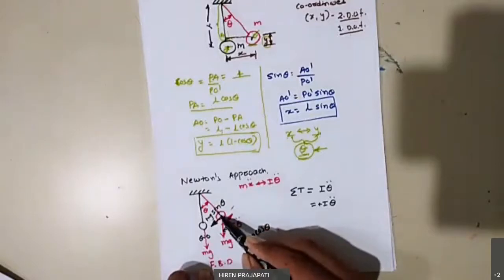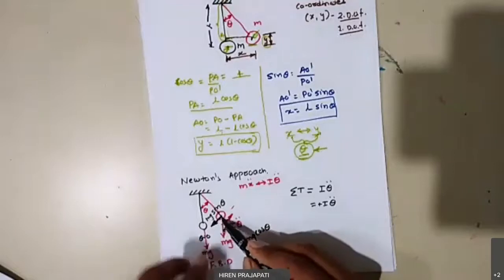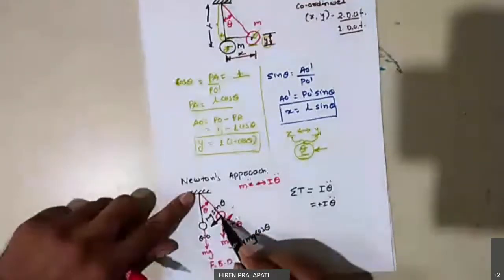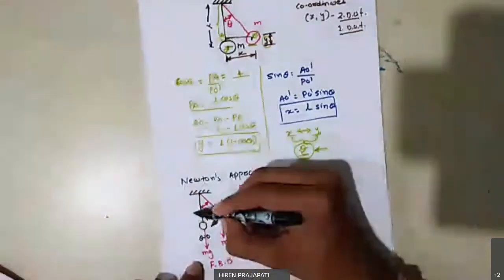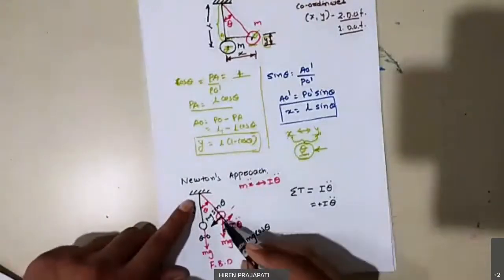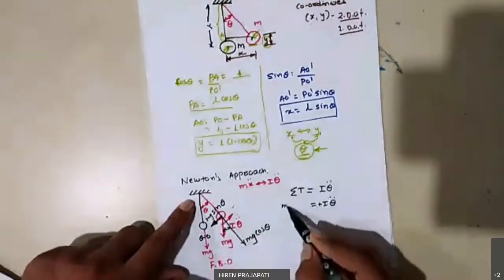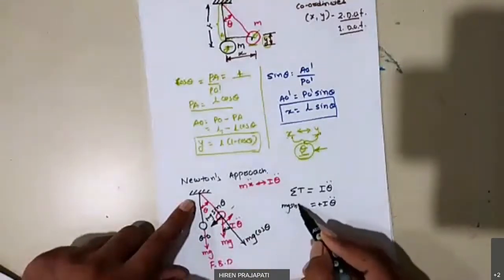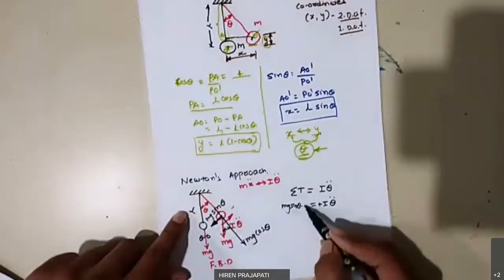And if you look, this mg sin theta is a force acting at a certain radial distance from this hinge point. And how much is the distance? That is the length of this cord. So how much external torque is applicable here? That is mg sin theta, force into distance, so the distance is small l.